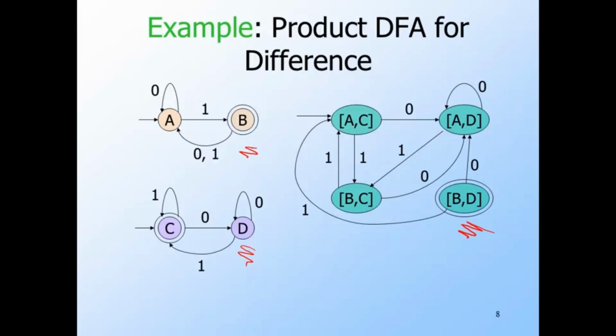That's exactly as it should be because the first automaton, the orange one, accepts a subset of what the second automaton, the purple one, accepts. That is, the first automaton accepts all strings that end in an odd number of ones, while the second accepts all strings that end in at least one one, plus the empty string.